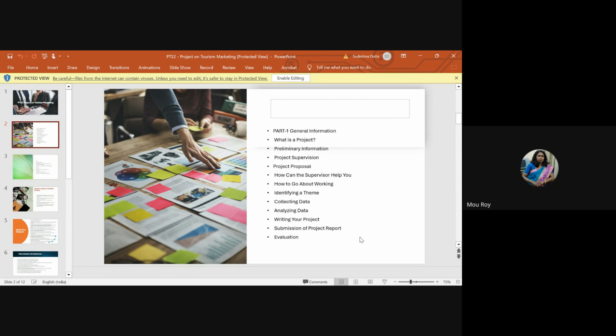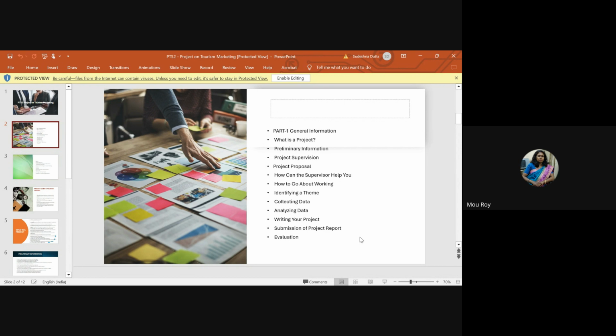Then how the supervisor will help you, and how to go about your work. Then you have to identify a topic and the themes. You should also know your objective, why you wanted to do this project, and what the importance of it is.